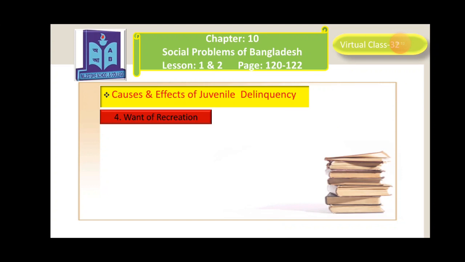So, want of recreation. For the mental growth and the physical growth of the juvenile, it is much needed for them. Otherwise their mental growth and physical growth will not be sound, will not be perfect. The children who get the chance to play, listen to music, draw pictures and visit different places, their mental growth will be more perfect and healthy.